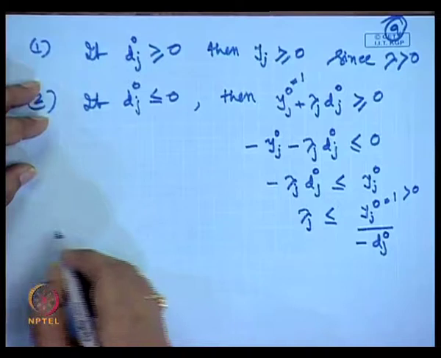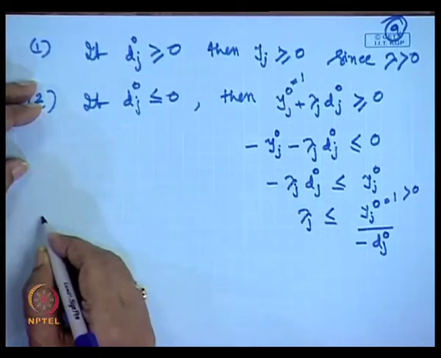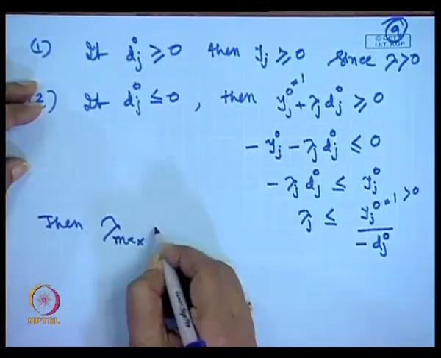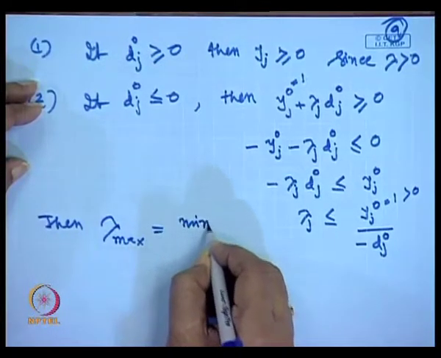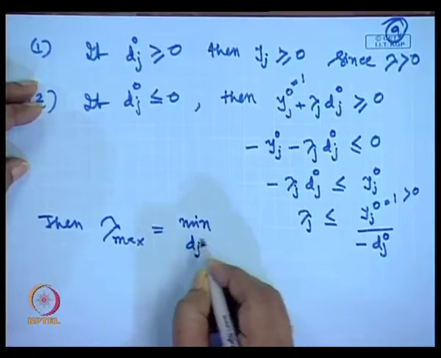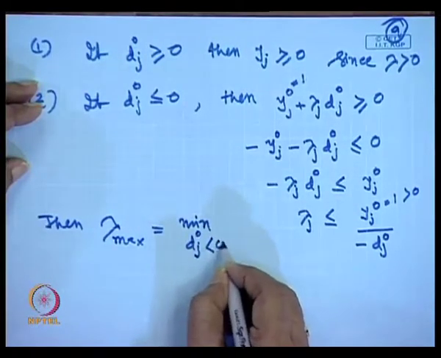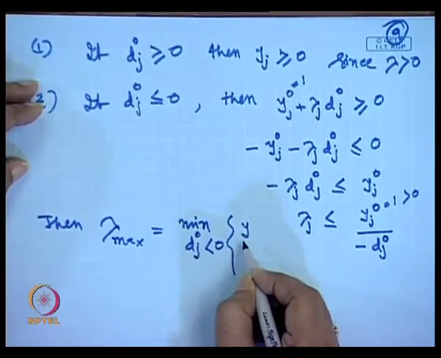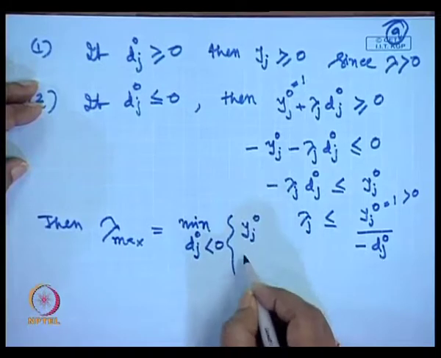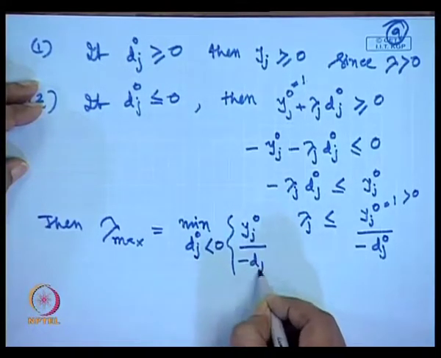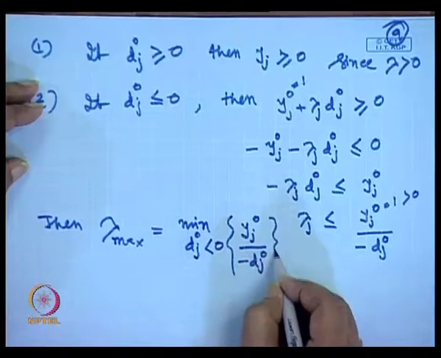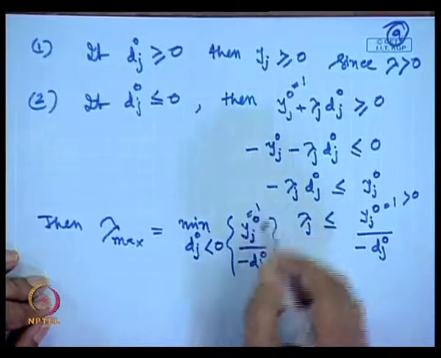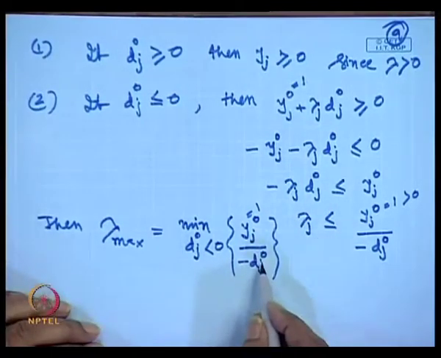Now, I am choosing the value of lambda, then lambda max is equal to the minimum of lambda j superscript 0, less than 0, for negative values. Agree? See, this ratio will be minimum in which case. And that we will consider as lambda max, because this value is positive and this dj value is negative.